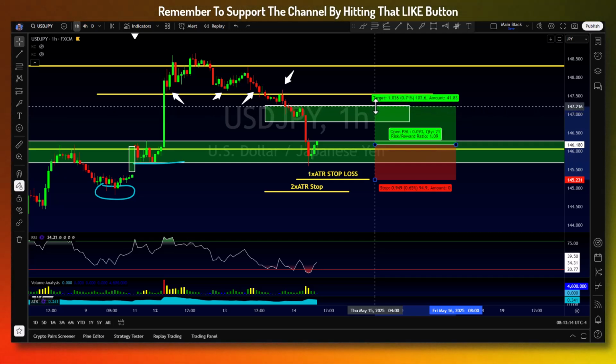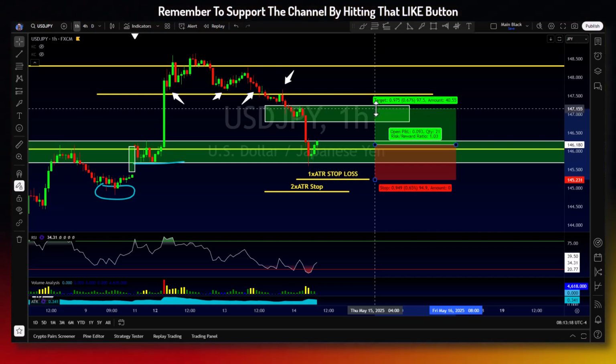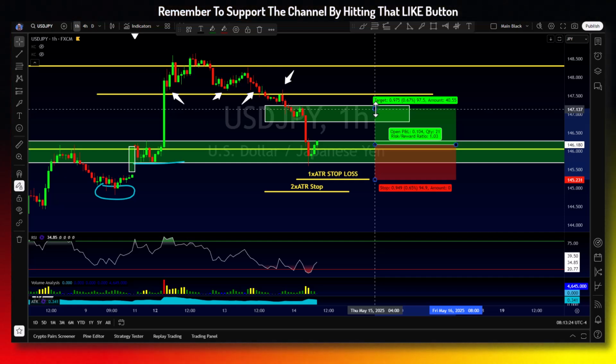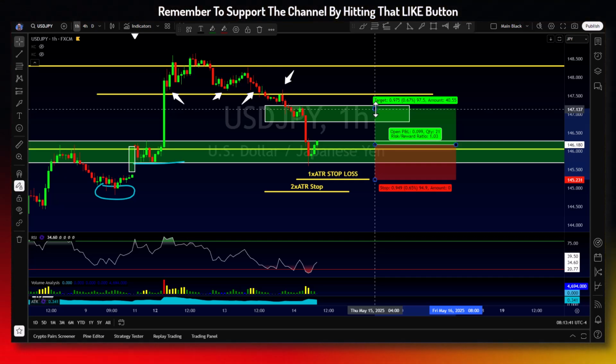If I'm aiming for 147.15, just getting it minus the spread, it's also very difficult to get a one-to-one risk reward with this situation. Hence why this was a trading setup that I liked, but not necessarily one that I was able to trade because the whole picture didn't fit together.